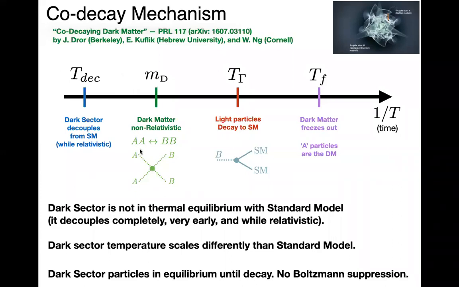And so that's this AB scattering. And then at some point, you can have these light particles that decay into the standard model. Let's call those the B particles, whereas A cannot decay. And then eventually this dark matter freezes out, and these A particles, which can't decay to the standard model, become the dark matter.